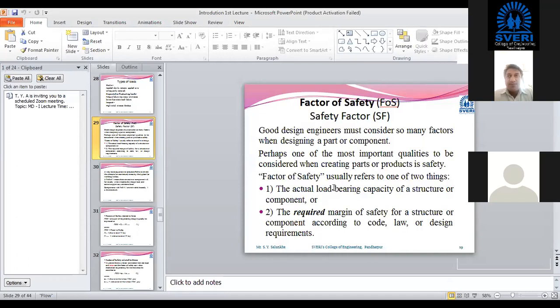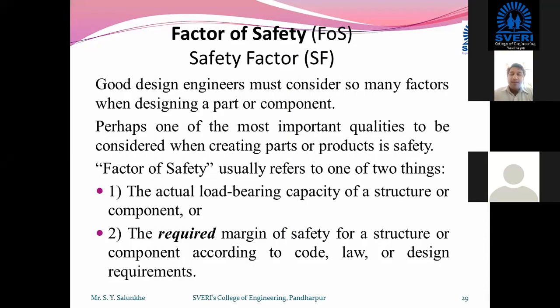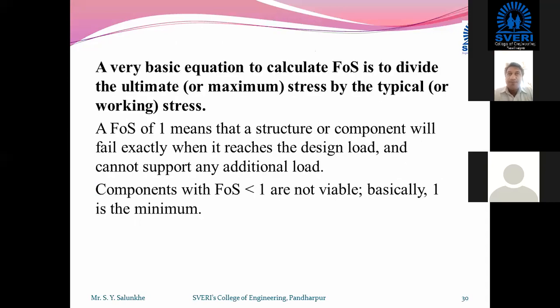Mathematically, the factor of safety is the actual force which can be sustained divided by the applied force. Yesterday we also understood that this factor of safety is always greater than 1.